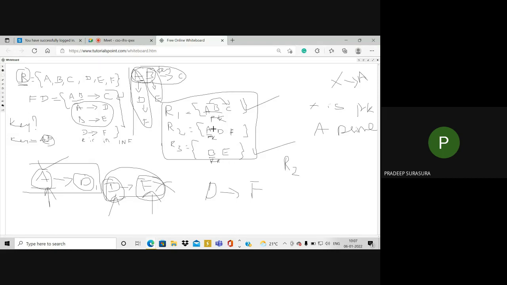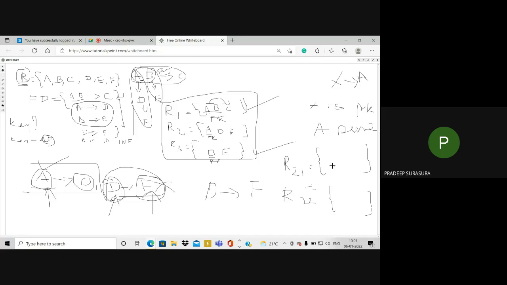In these tables, I observe that in R2, the FD D determines F violates third normal form. So I will break R2 into R21 and R22. Any questions? Now I am breaking the R2 table like this.